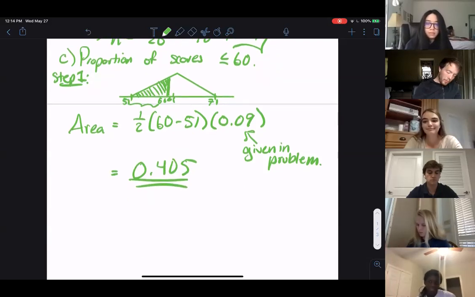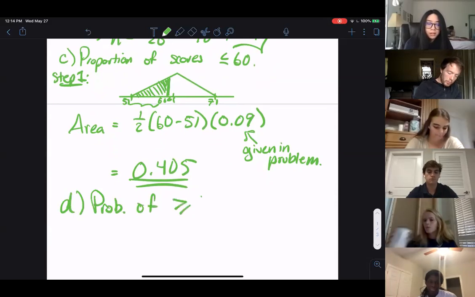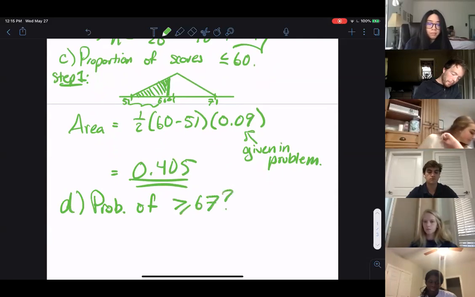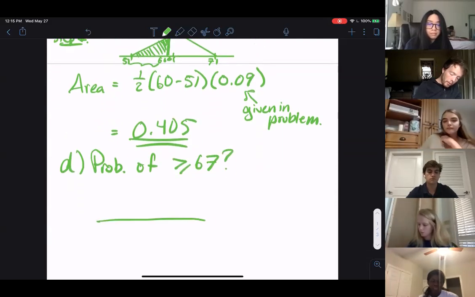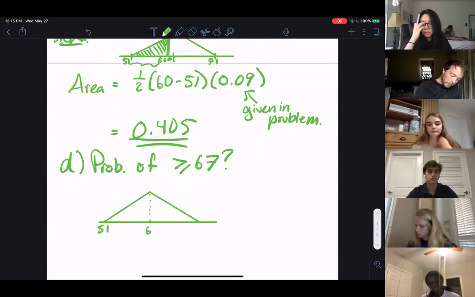Next up is, what is the probability of being greater than or equal to 67? And that again is just the area under the curve, so we draw a picture. 67 is around here, and I want to know the area in this upper tail, greater than or equal to.